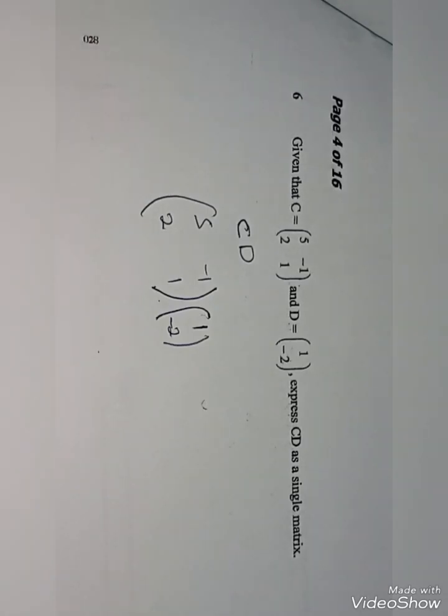Should you arrange in that format DC, then you get it wrong. You need to be very careful there. They are saying express CD as a single matrix, so you need to arrange it in that order: matrix C times matrix D, and not the other way round.